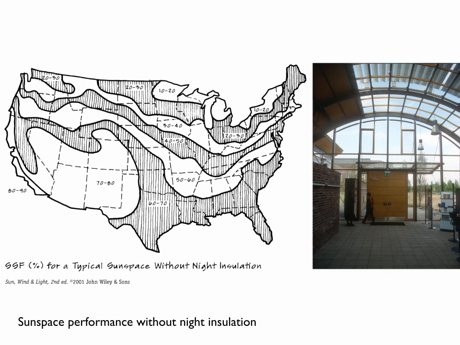So if you had a sun space in Knoxville, Tennessee, in a residence, it could be 50, even 60% of the heating, and that's with no night insulation, which means you've got that R2 window glass and you're not doing anything at night to help keep that heat from going back out. If you did, or if you had a high R window, then you would typically get better performance than this. So even better.